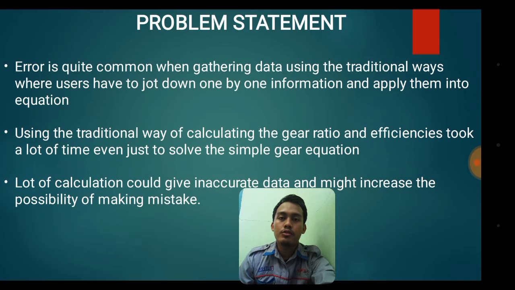I think using the traditional ways of calculating the gear ratio and efficiency took me too long, even to solve a very simple one. A lot of calculation could give inaccurate data and might increase the possibility of making mistakes. So I hope by this project I can ease students in solving mechanic of machine related problems.